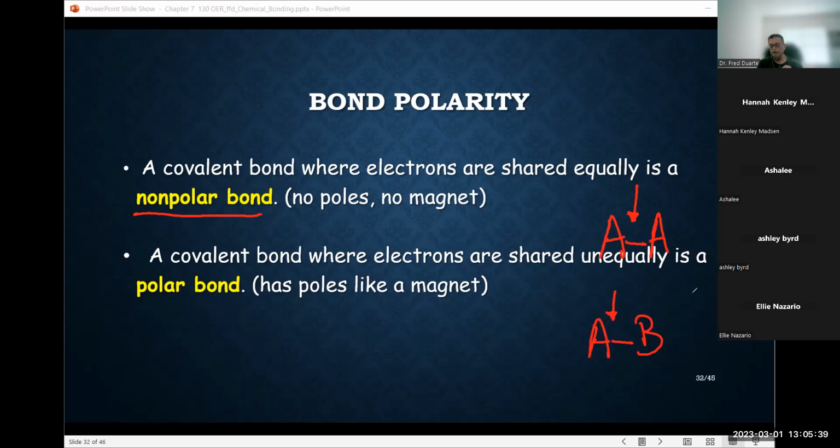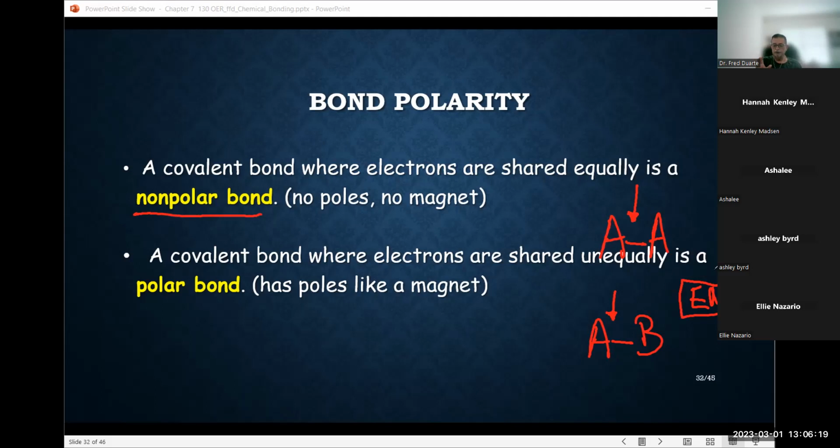Now we had talked about EN, electronegativity, in the previous chapter, where electronegativity was a measure of the affinity of an atom that is bonded to another atom to pull electrons onto itself. If an element has a high electronegativity relative to the other species, then it's going to pull those electrons onto itself much more than the other. What's going to result is a partial charge, not a full charge like ionic compounds.